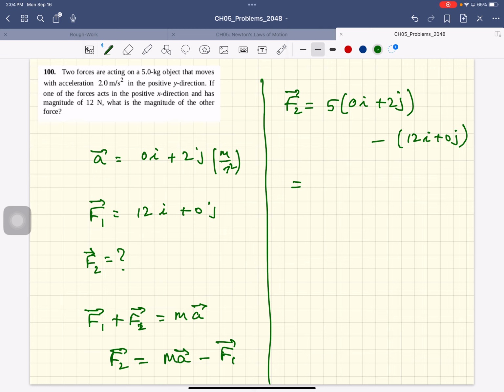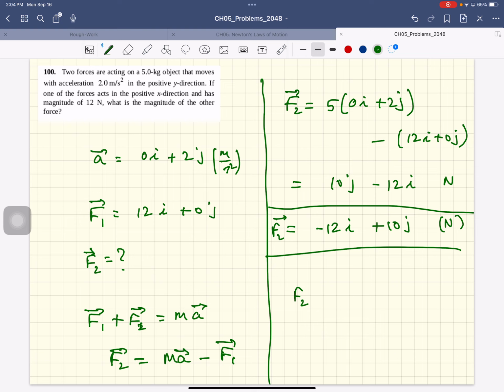So that's 10j minus 12i newtons. F2 is minus 12i plus 10j newtons. Okay, and so you have F2 and you can calculate the magnitude.